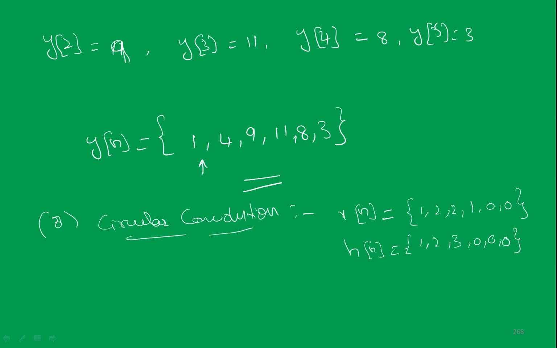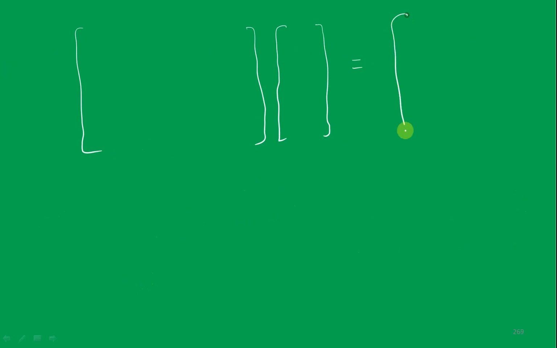Now here, use the concentric circle method or matrix multiplication method. So if I use the matrix multiplication method here, you can get the output. Okay, right? First, note down h of n here: 1, 2, 3, 0, 0, 0.